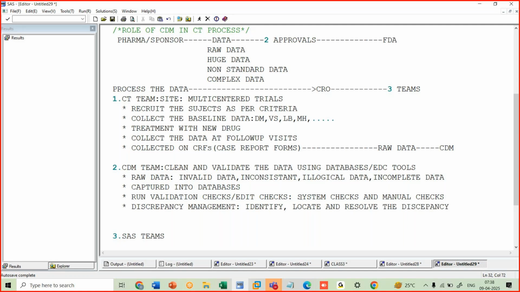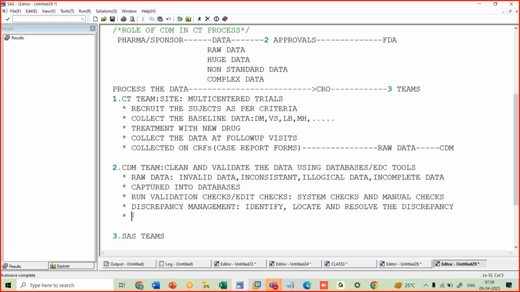So we'll identify, locate, resolve. While resolving also, some CDM can correct on their own. That is self-evident corrections. Or they can even generate a query.